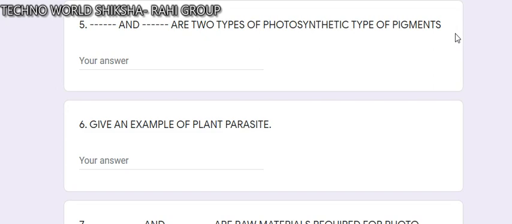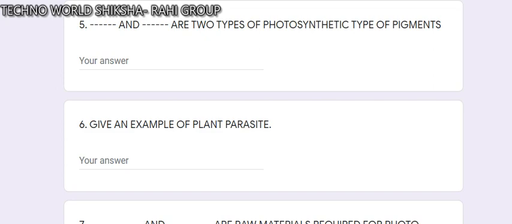Rest of all the pigments also do photosynthesis, but majorly chlorophyll and carotenoid are the major ones. If we study that there are two types of photosynthetic pigment, the rest of all the pigments also do photosynthesis, but they trap the energy in a little bit less amount as compared to chlorophyll and carotenoid.